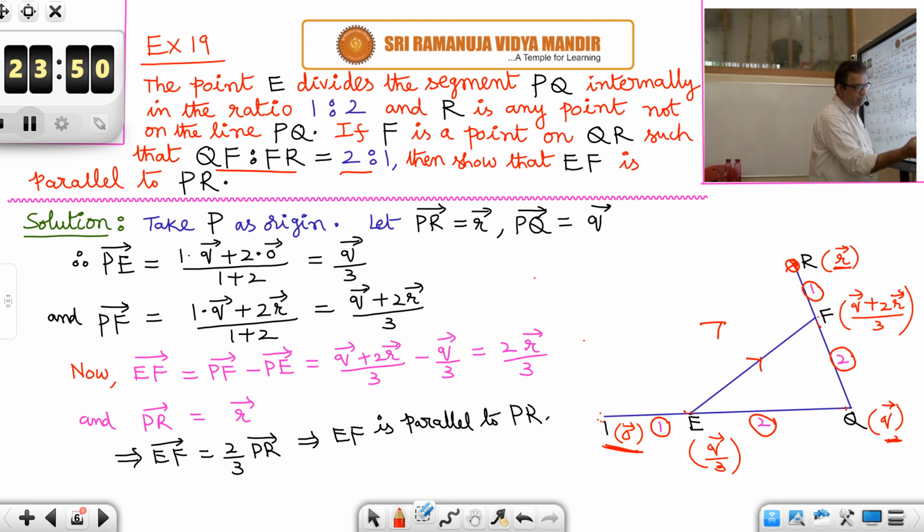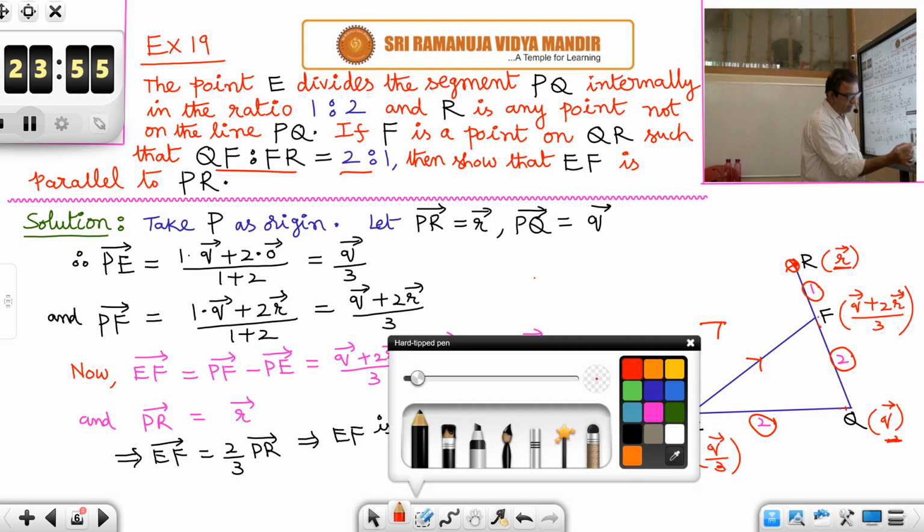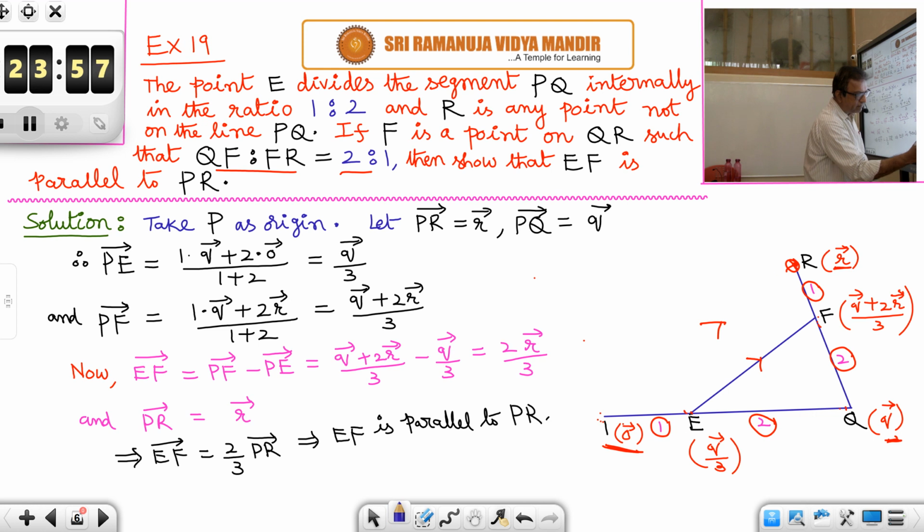PQ bar is Q bar, PR bar is R bar. Okay. Now use the ratios. E, 1:2 ratio. Using the section formula, you find the position vector of E: 1 into the position vector Q plus 2 into this position vector 0, by 1 plus 2, 3.